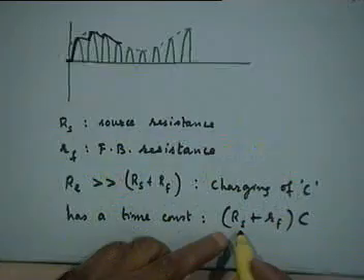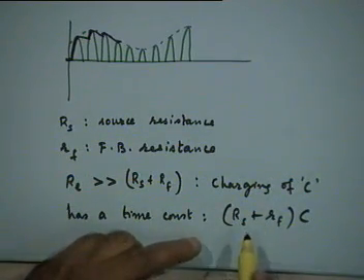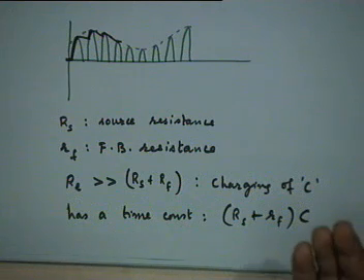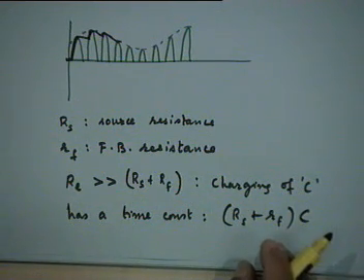If you want to calculate the charging time constant more accurately, what will it be? The resistance involved will be RS plus RF in parallel with RL. So all we are saying is RL is much larger than this, so the parallel combination behaves more or less like RS plus RF itself, right? So that's another way of looking at it.